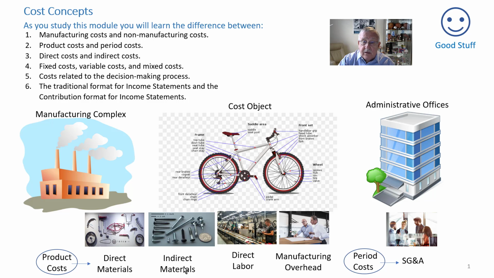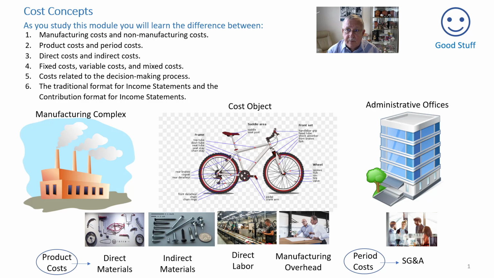On the other hand, there are indirect materials as well. Indirect materials include things like glue, oil, screws, lugs, tape, paint, and cleaning supplies. These are all indirect. They too are part of the production process, but can't be linked directly to the specific product or job.